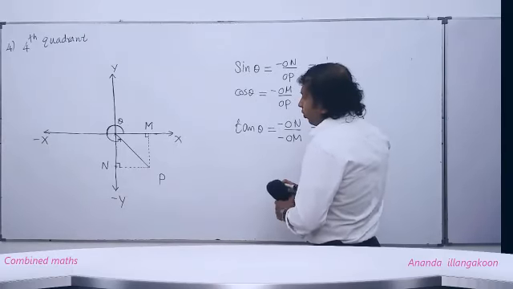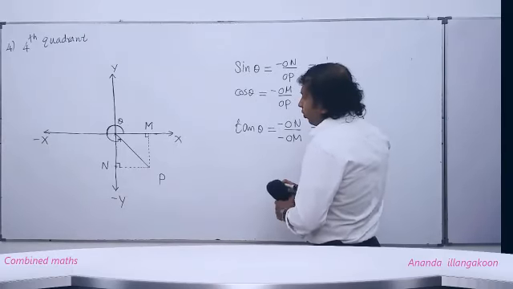Then we can remember this by rotating anti-clockwise: A, S, T, C. All positive, sine positive, tan positive, cos positive. Or you can remember it this way too: All St. Thomas College.